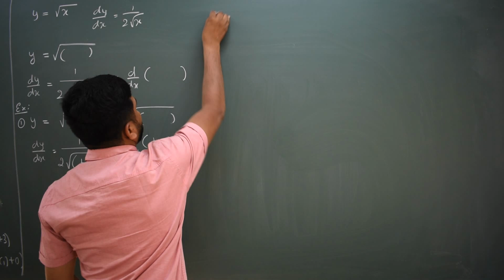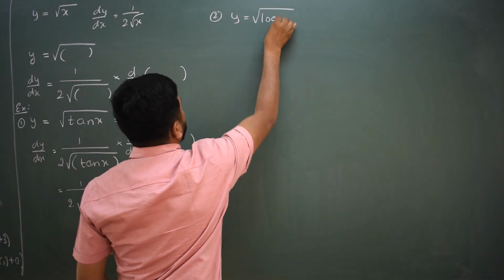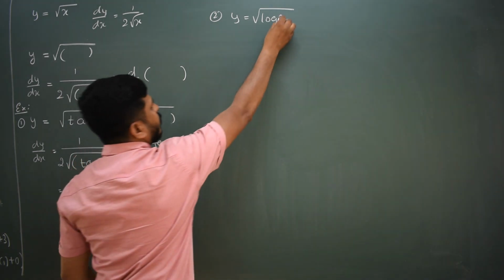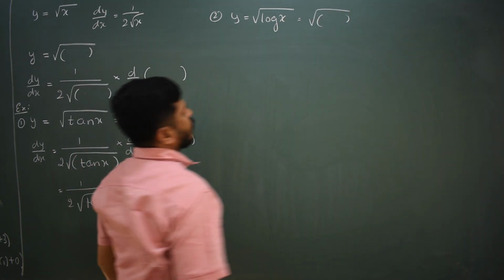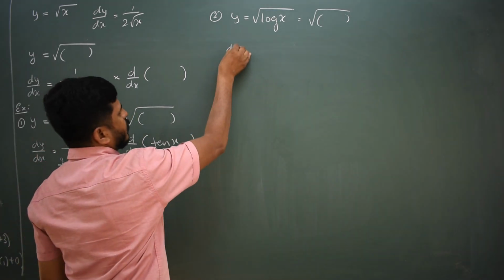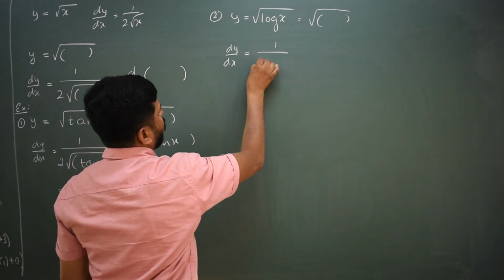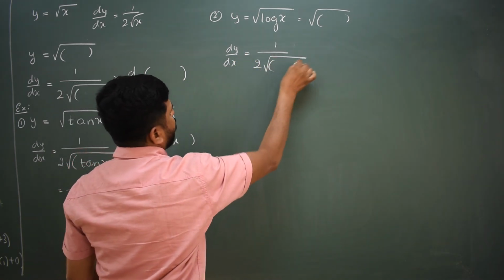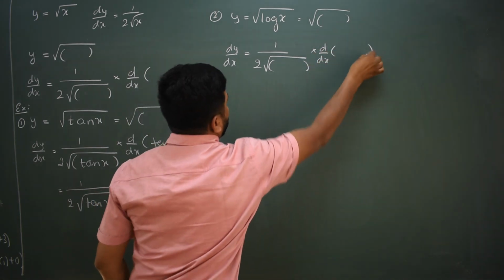Similarly, y is equal to root of, say, log x. How to read this one? You have to read it as root of something. What is differentiation of root of something? It is 1 by 2 root of something into d by dx of something.